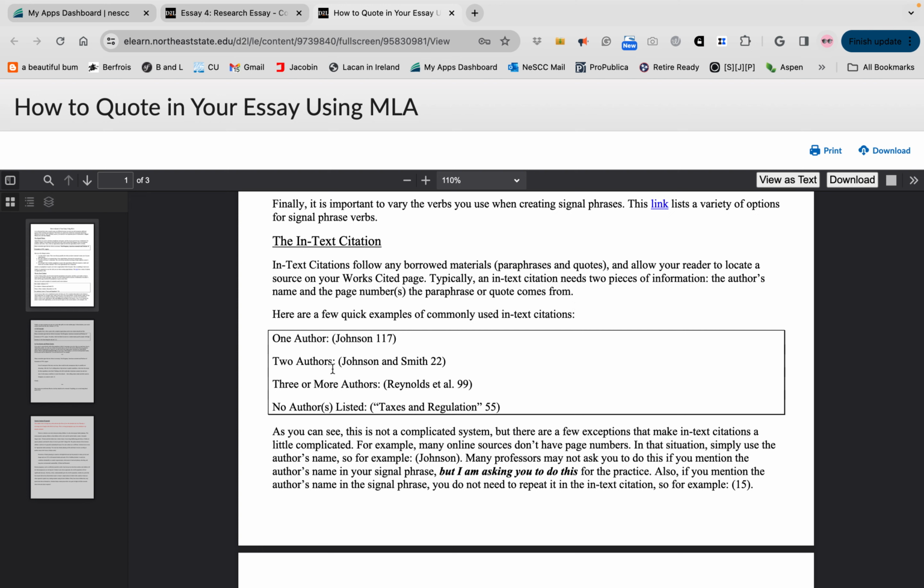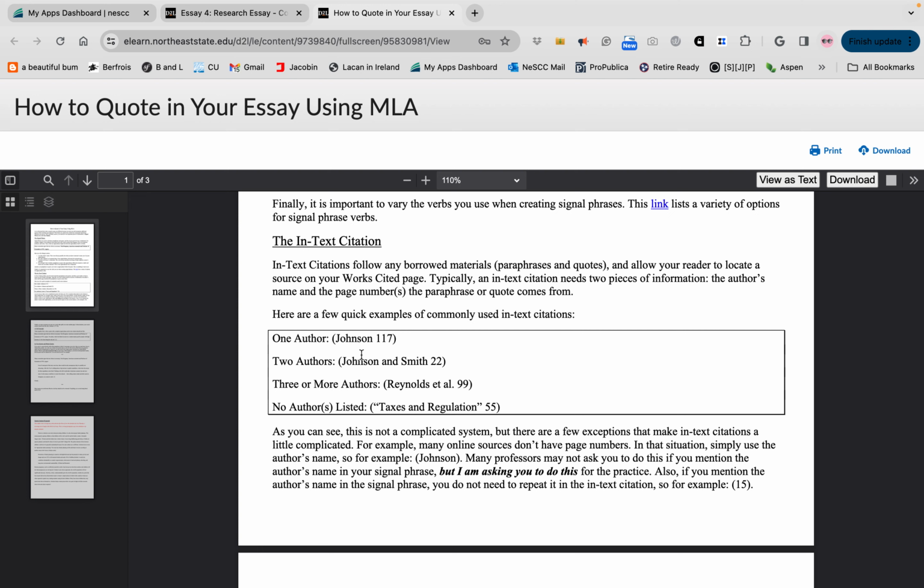Notice there's one space between the author's name and the page number. There's no comma, no period, no semicolon. You'll also notice that I don't indicate, like APA wants, when a particular source was published. I don't provide full URLs, any of that. It's just the author's name and the page number.